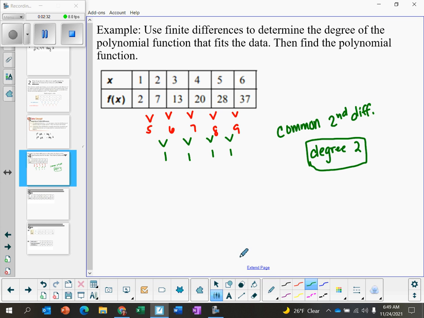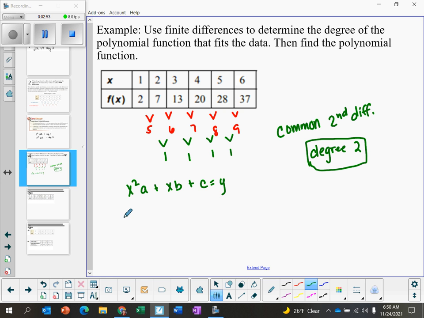And if you recall from our previous lesson, if I want to write a quadratic, I'm going to take 3 points, make the equations, create the matrix, and then find the reduced row echelon form. So if I use the first 3 points, remember we're using ax squared plus bx plus c equals y.